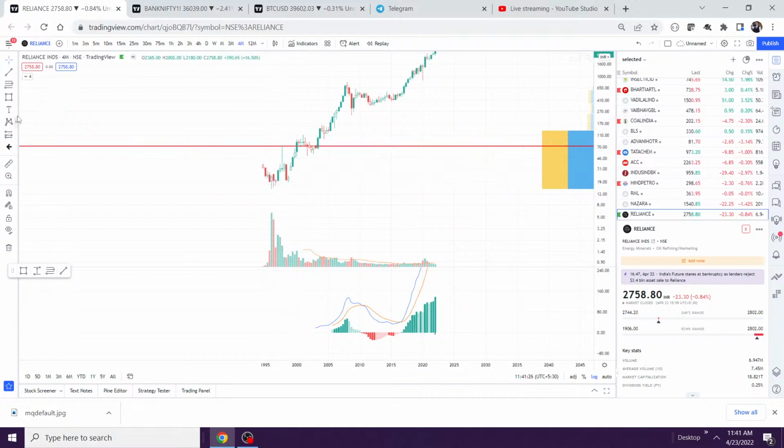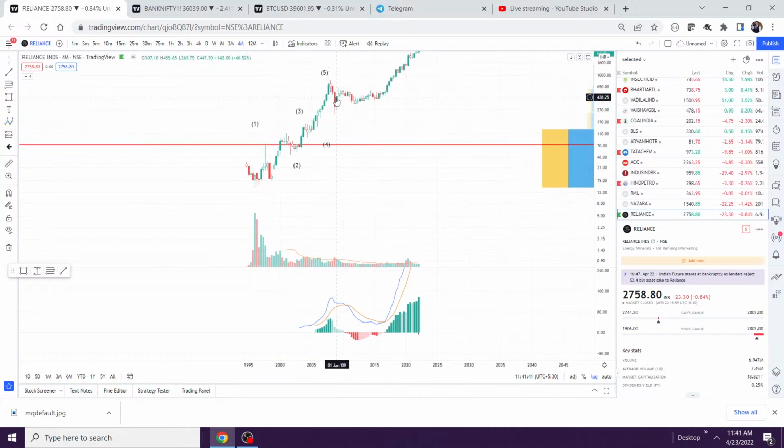Let me try to draw the Elliott wave on this. After the fifth wave, this move is from 96 to 2007. So this is almost a period of 10 years.